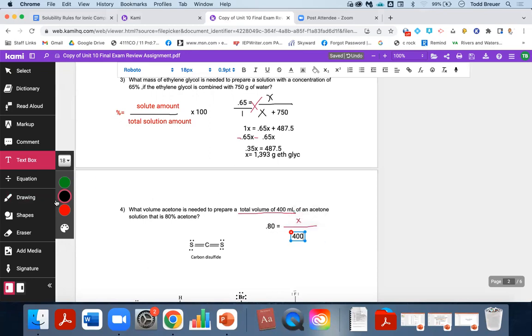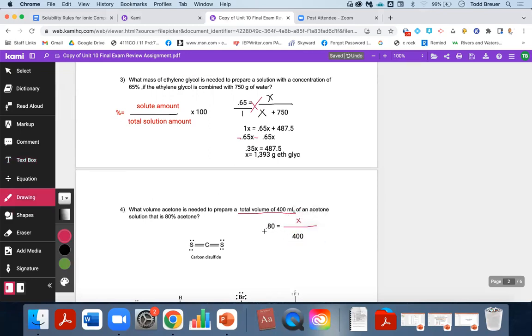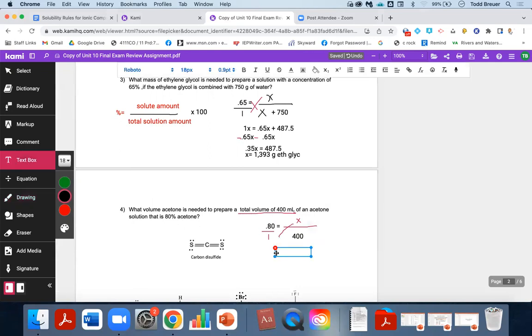And we can think about 0.8 as being a fraction over 1. That will allow us to cross multiply: 1 times X becomes X, and 0.8 times 400 we would get 320. So the volume would be 320 milliliters.